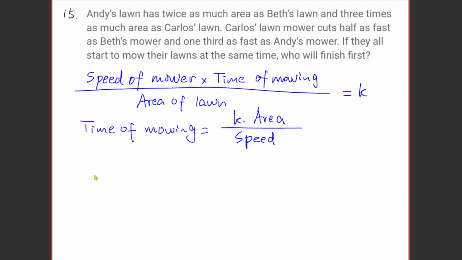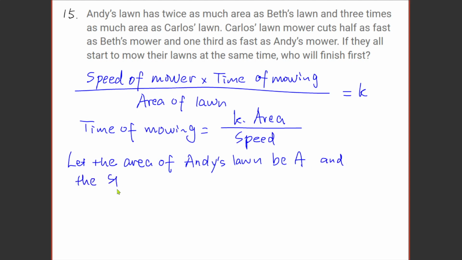So if you let the area of Andy's lawn be a, and the speed of Carlos' mower be c, and this mower is 3 times as fast as Carlos', so its speed is 3c.